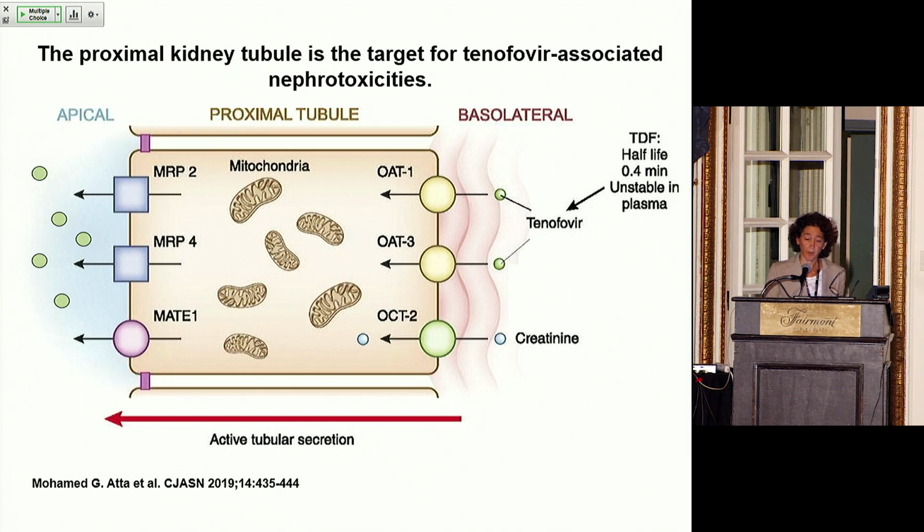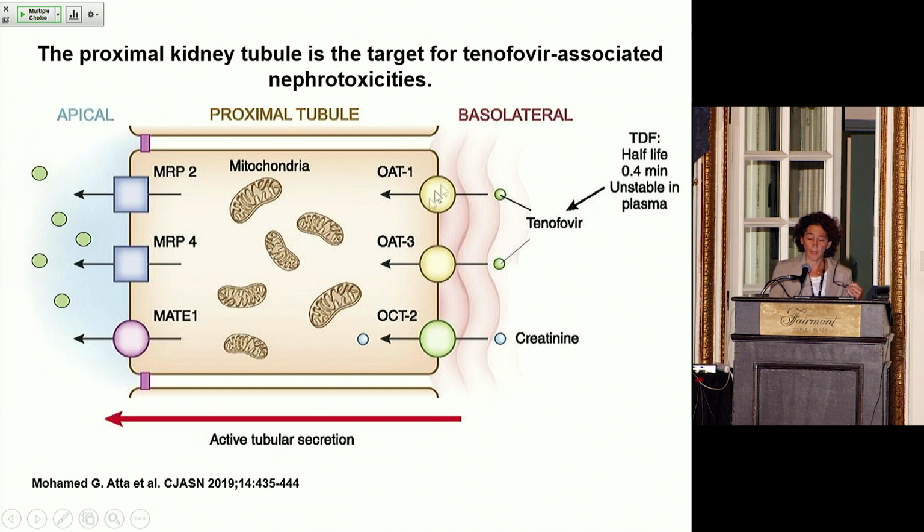And the problem in this case is that patients are taking a proximal tubular toxin. So tenofovir in the older form is filtered and it's also secreted. And it does the secretion as other organic cations and anions do, with this sort of pas de deux: the basolateral side with one transporter, and then the apical side with another transporter.